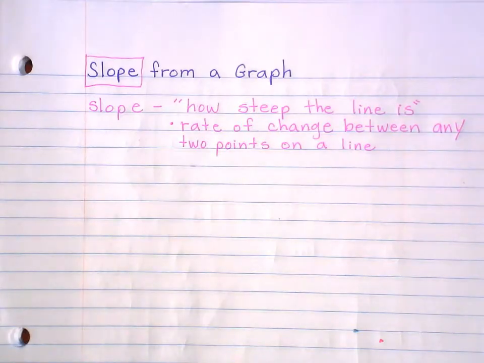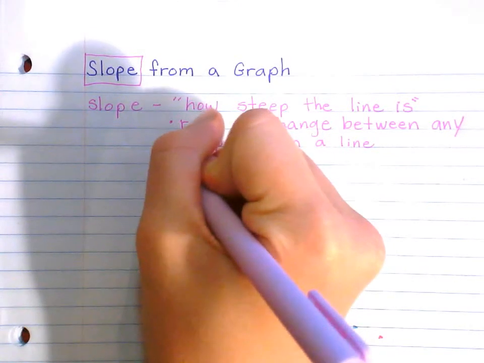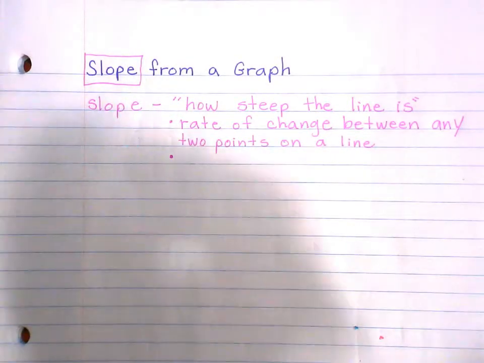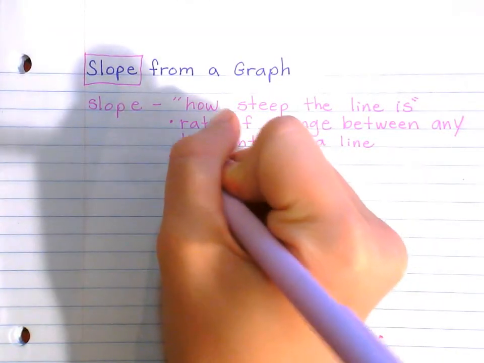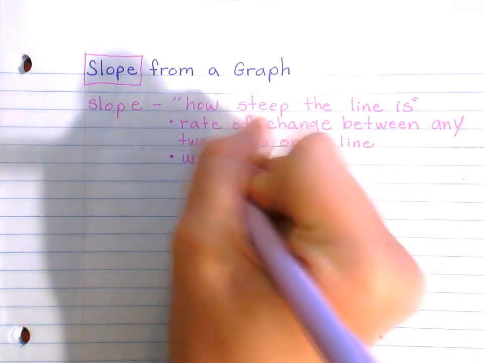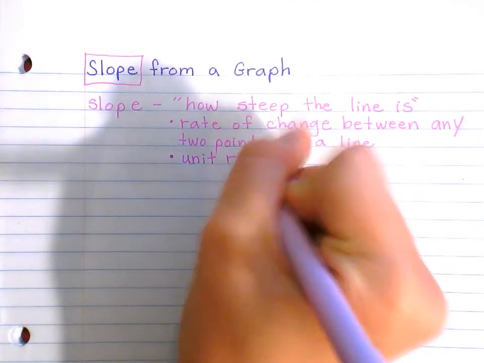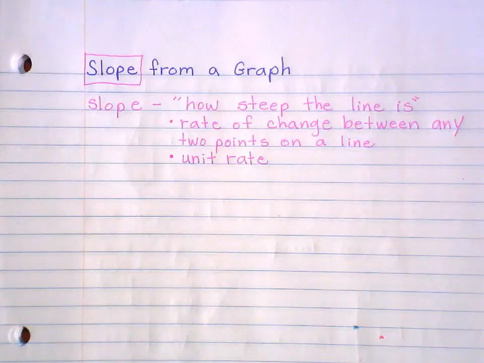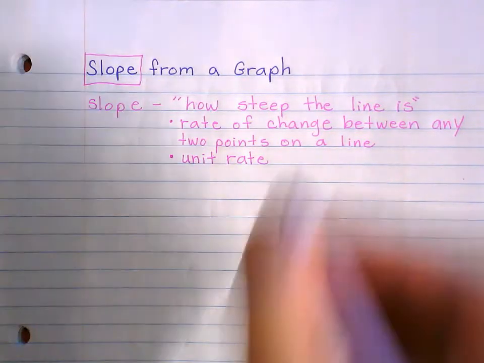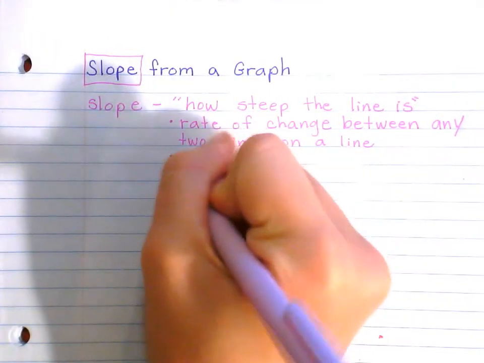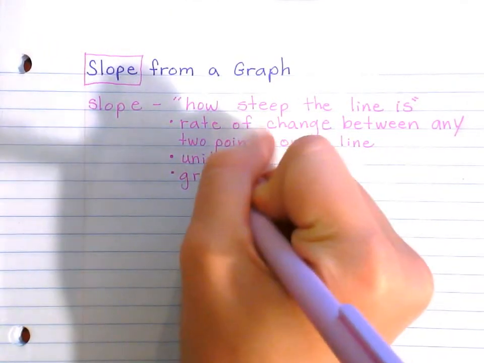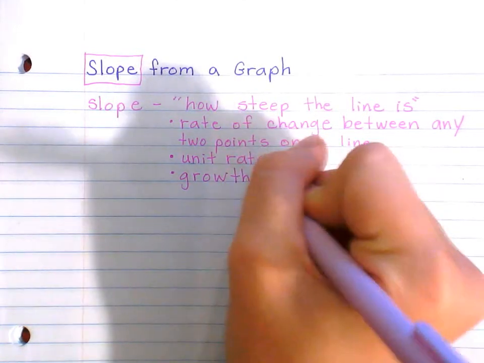All right. Other words that you've heard in the past that mean slope, the unit rate. So you learned about unit rate in 6th grade, I believe. We touched upon it in 7th grade. That's another word for slope. Okay? Growth factor. What's the growth factor? At what rate is it growing?